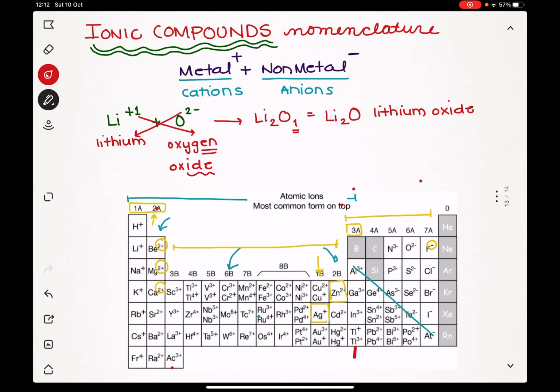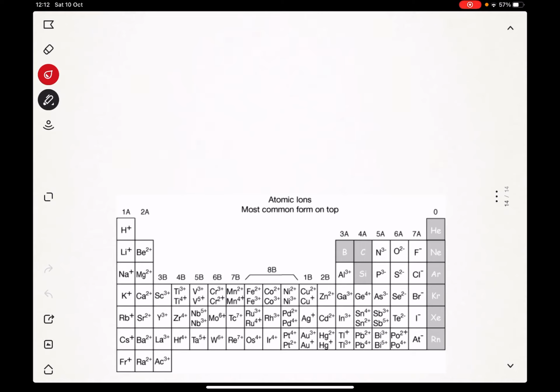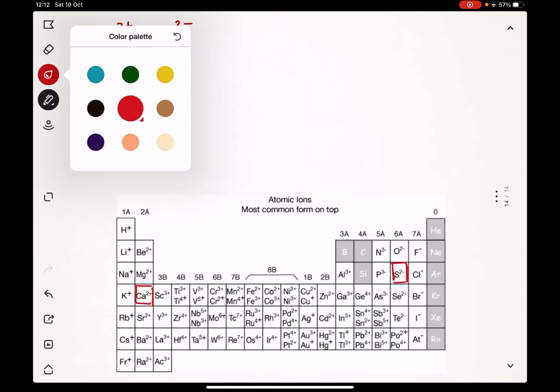Let's do some more. Let's combine calcium. So we have calcium 2 plus. Calcium is right here. And then let's choose another one, S2. So we have S 2 minus. We cross them.